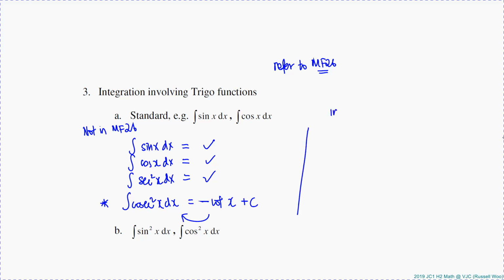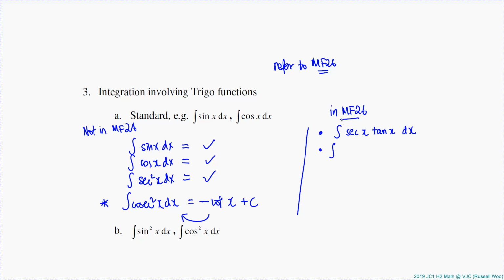What are those in MF26? Now you refer to MF26, make sure MF26 is beside you. You can see a few formulas there. You look out for this form, integrate secant x tangent x dx. Oh sorry, not this one.